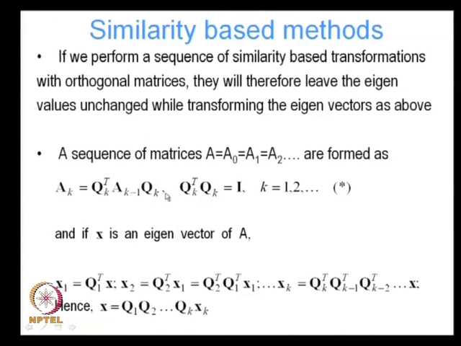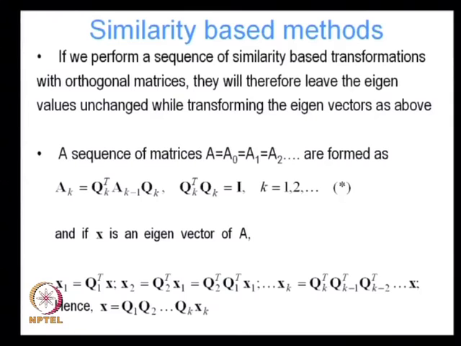So, the only criterion is that this transformation matrix be an orthogonal matrix, right. At each step we can use, if we want, a different orthogonal matrix, but we are using an orthogonal matrix for each similarity transformation. So, x1 is nothing but q1 transpose x. Why is that? Because I know that my eigenvectors are P times x, right.